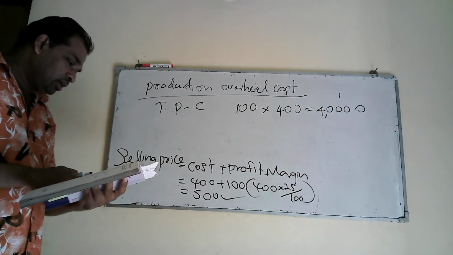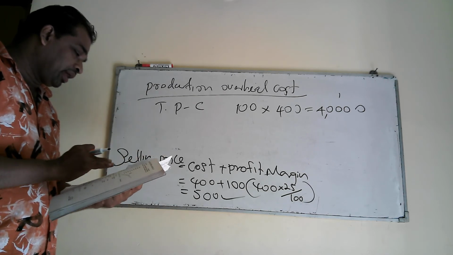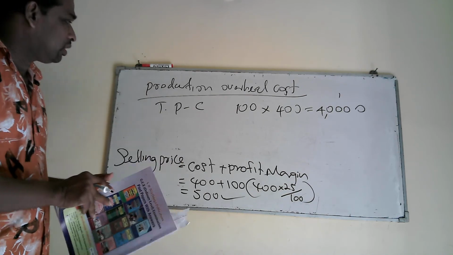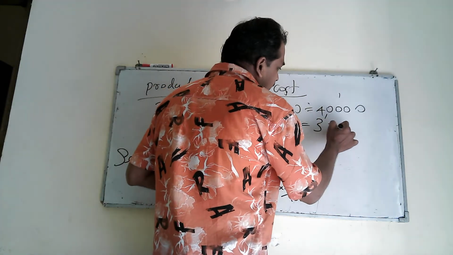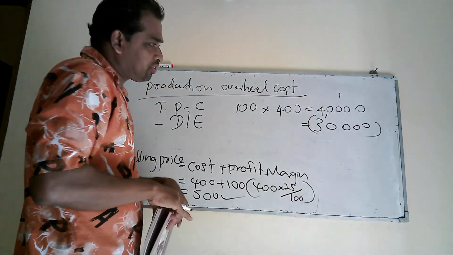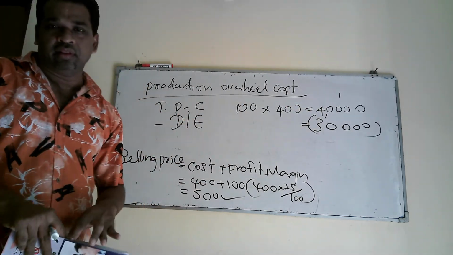Then you are given direct expenses. Here direct expenses you are given 30,000. Then you can easily derive total production cost. We got 40,000. Then direct expenses you got 30,000.